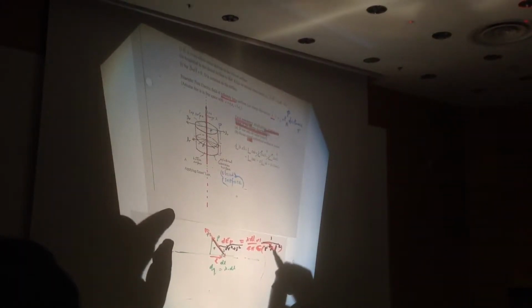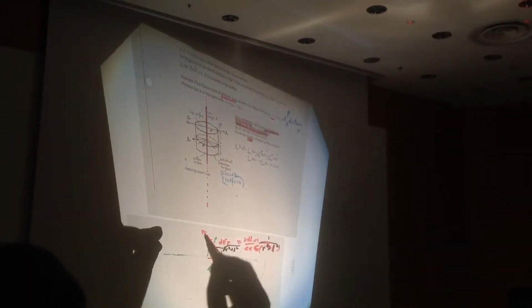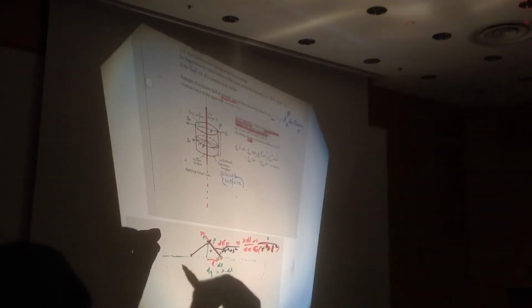Here this distance is r, this is l, and the distance is the square root of r squared plus l squared. Unless we smartly take symmetry into account, as the element dl moves around while point P remains fixed, the vector keeps changing direction, which is very difficult. But if I am smart enough, I use the vector from the corresponding element on the other side, at the same distance. If I resolve the vectors, the components parallel to the line charge cancel, so the resultant is perpendicular to the line charge. This is by symmetry.